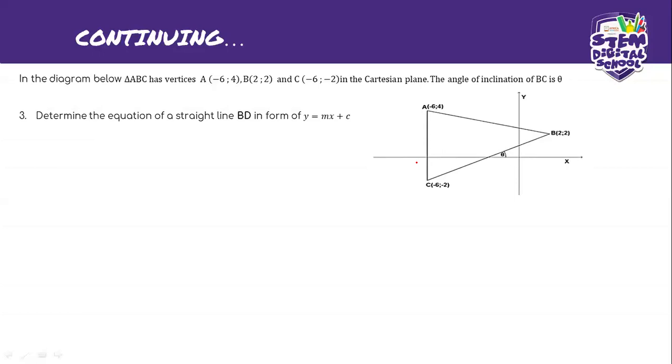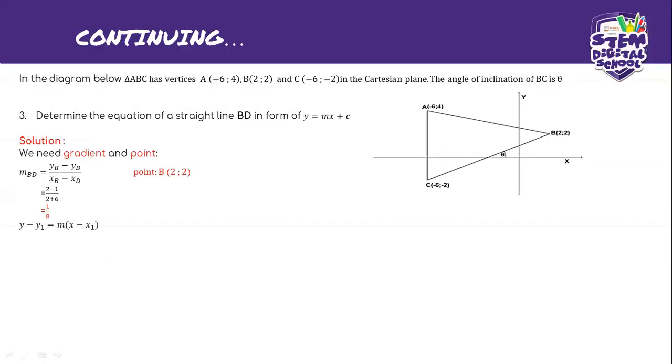The point that you're going to use is point B. Let's use point B. Then you substitute, and we have the value of the gradient. Our gradient is 1/8, right?